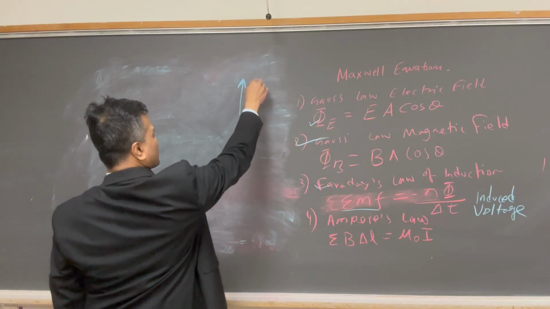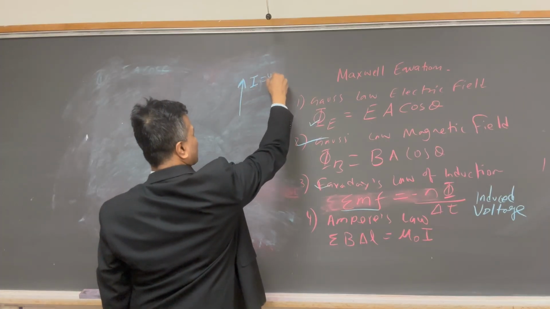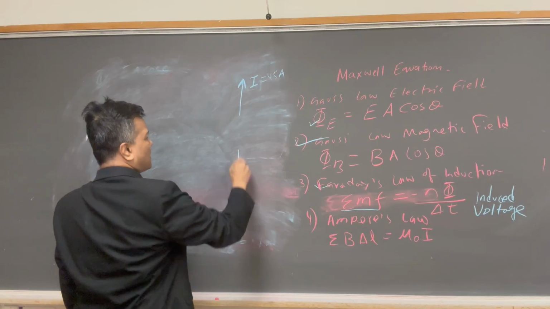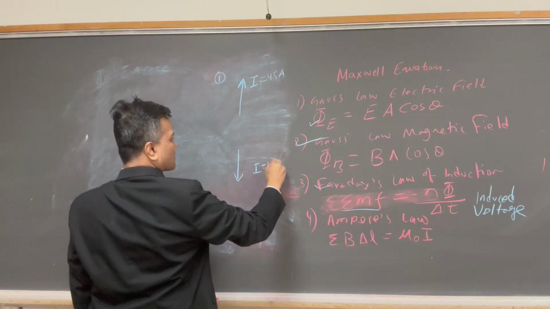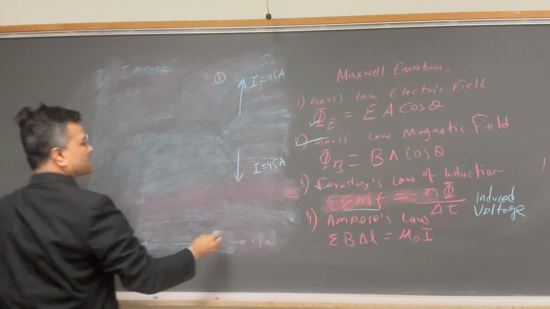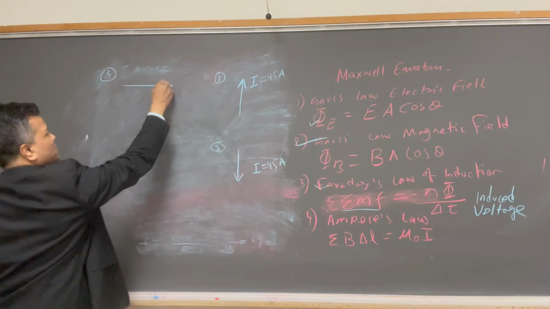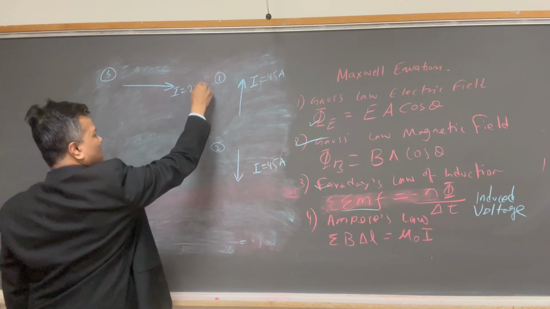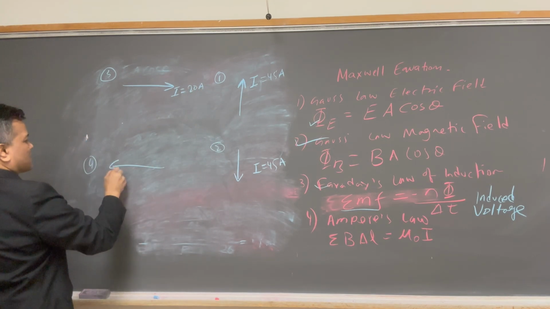One scenario, the current moves to the north. Second, current moves to the south. Third, current moves to the east. Fourth, current moves to the west.